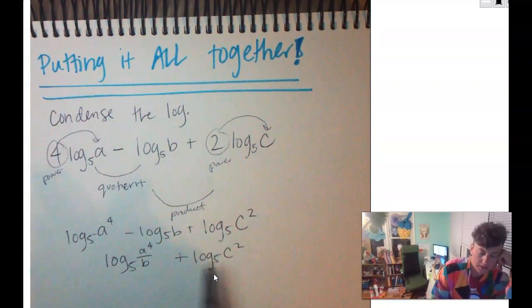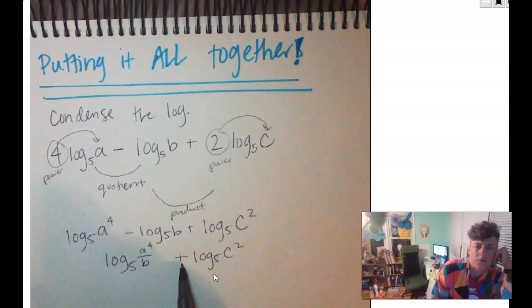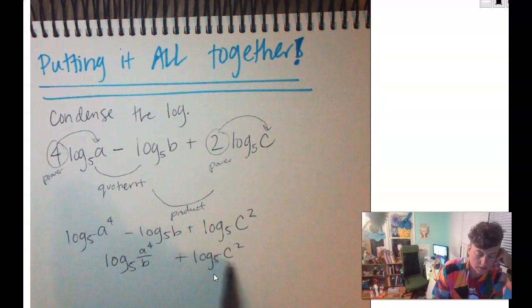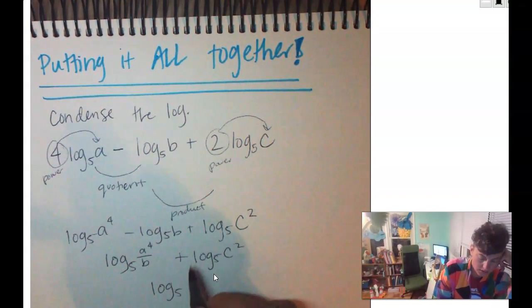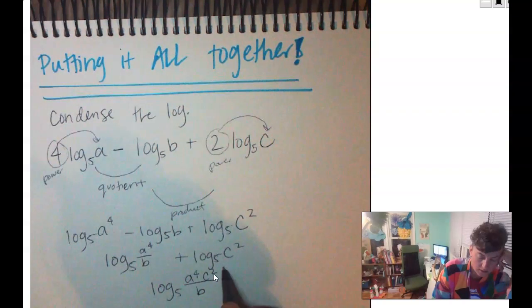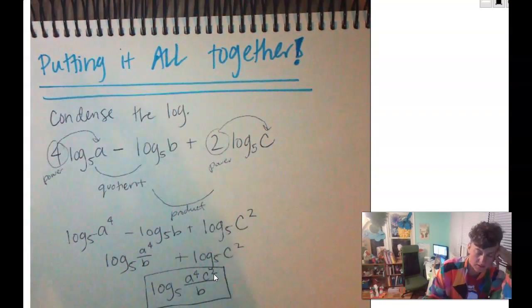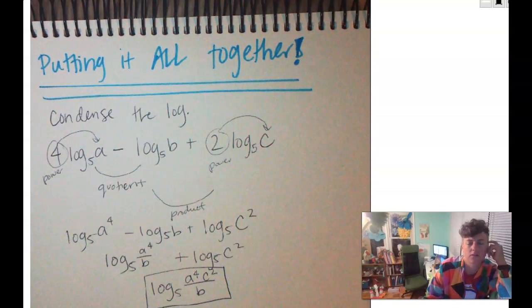And this plus sign tells me we need to use the product rule. So these will get multiplied. This will become log base 5 of a to the 4th c squared over b. Yes, that's our final answer.